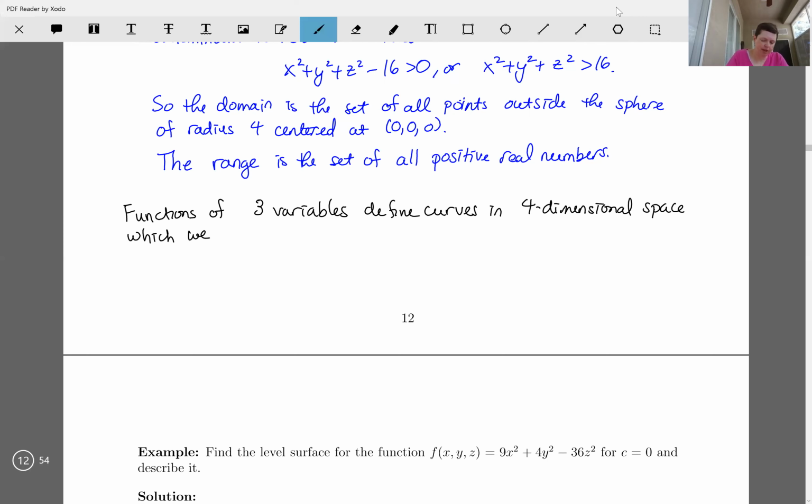So I'm going to say we can't represent them directly. But what we can do is use level surfaces to visualize these 4-dimensional things.